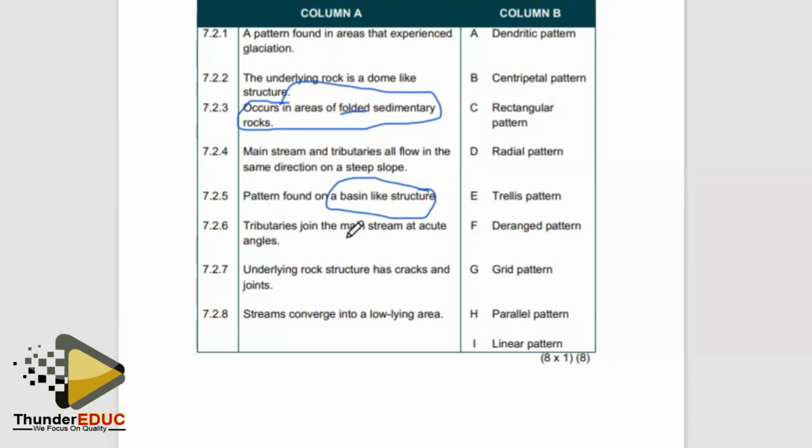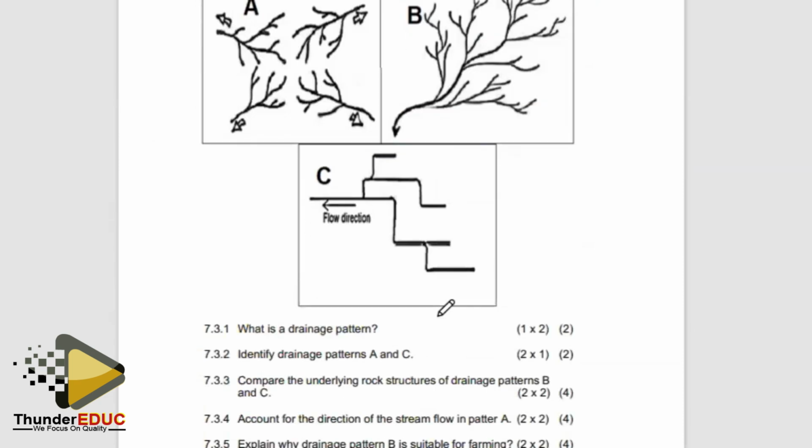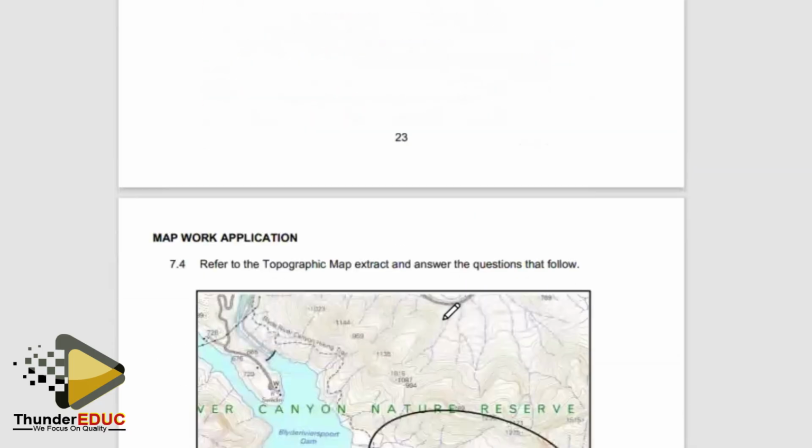Or if we check a question like tributaries join the main stream at acute angles, you know what an acute angle is and which pattern has got tributaries joining the main river at angles less than 90 degrees. You now apply because you'll be having the basis and now we'll just be figuring out the described pattern from the given description. Right. We move on to the next part.